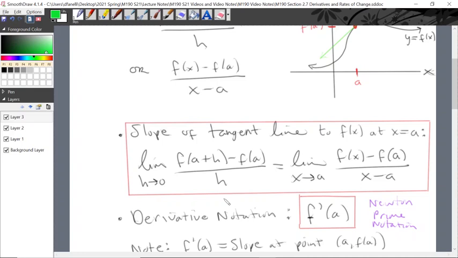We have to apply the limit to that for a variety of types of functions we could run into, so we need to be able to do this limit if we have a polynomial function, or a radical function, or a rational function. And as we move ahead, we're going to want to see how we would run this limit to calculate this slope and this derivative for other types of functions such as trigonometric functions and inverse trigonometric functions, exponential functions, logarithmic functions.